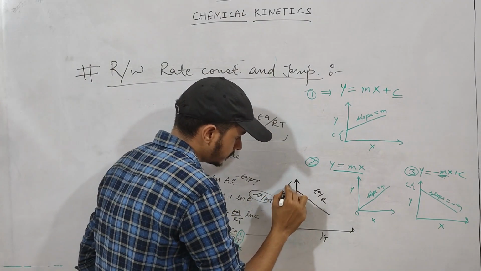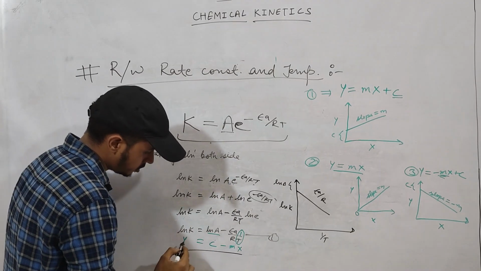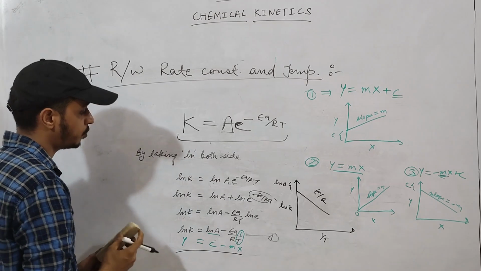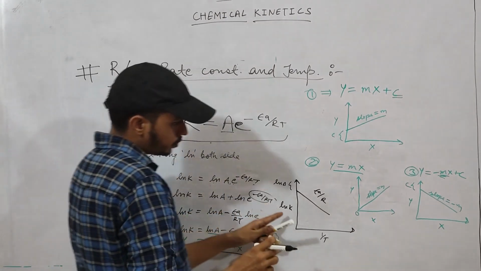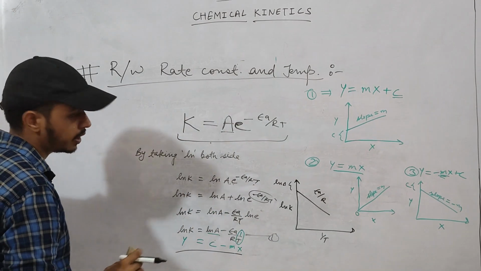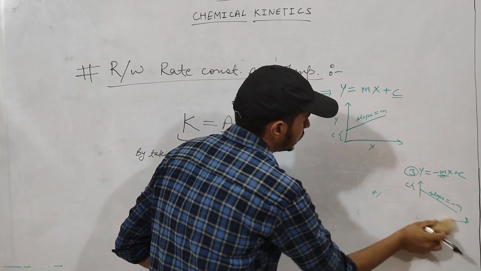It will be ln A. So this is the straight line equation y is equal to minus mx plus c written in this format. This is the graph, which is very important and is mostly asked in the NEET examination and also the JEE examination. So let's move forward.